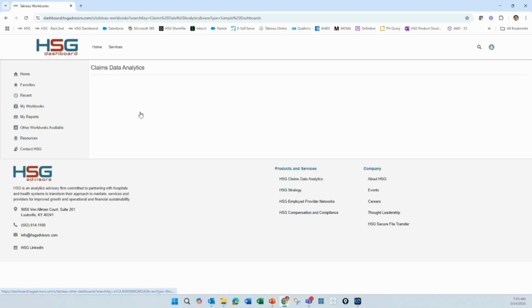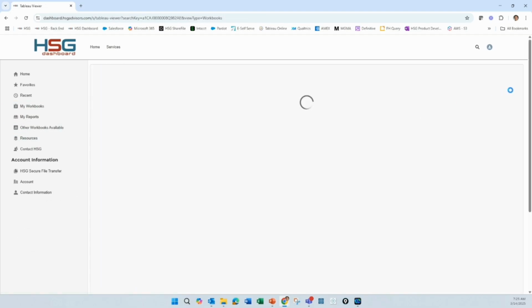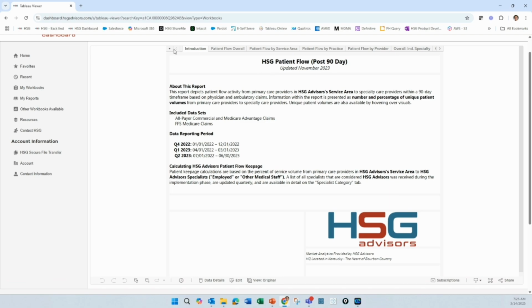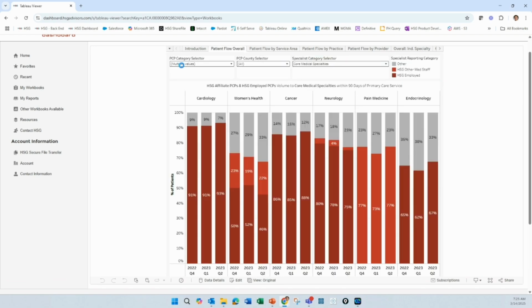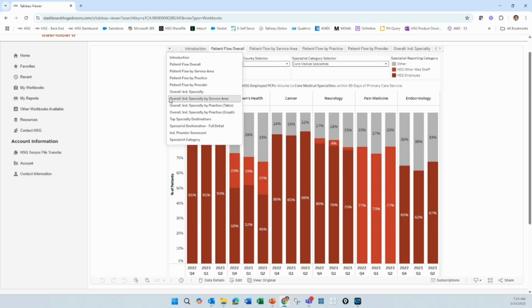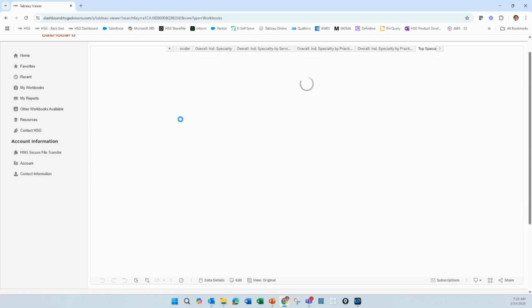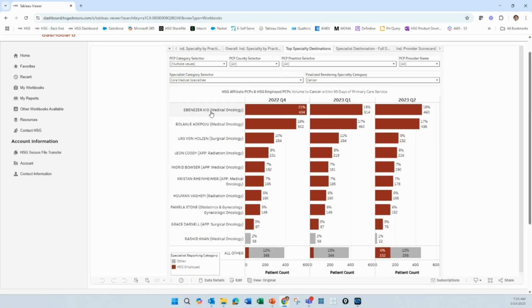So if we go back to that solution we were just in, let's not just look at overall performance, but let's also look at where patients are specifically going. Let's identify which medical or radiation oncologists those patients are actually going to within the time frame that we're measuring, so that we can track specific provider to provider relationships and do this in an ongoing fashion.